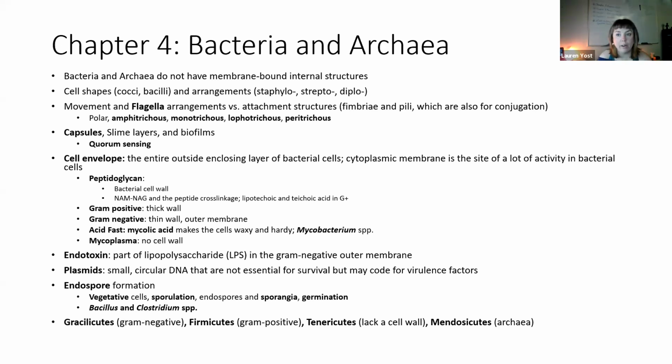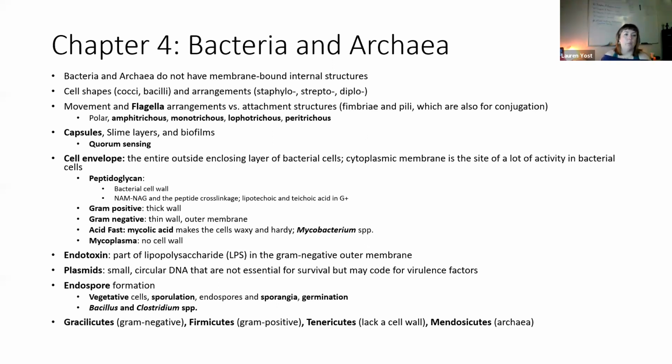Nanotubes or nanowires are for moving molecules like nutrients and electrons between cells, so super tiny things. Whereas the pilus is used not just for attachment, but also for sharing genetic information, like a plasmid from one cell to the next. That's conjugation, and the sex pilus does that.